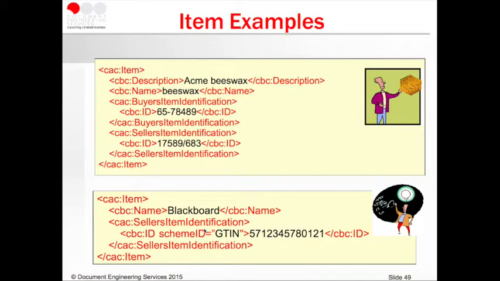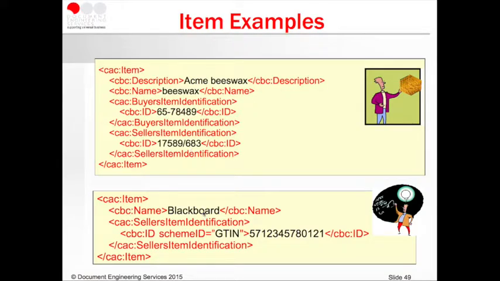Let's have a look at a couple of examples of this. The first is the one we've used in our other scenarios, which is the beeswax description. And we can see it's identified primarily by its name, and it has a buyer and a seller item identification.